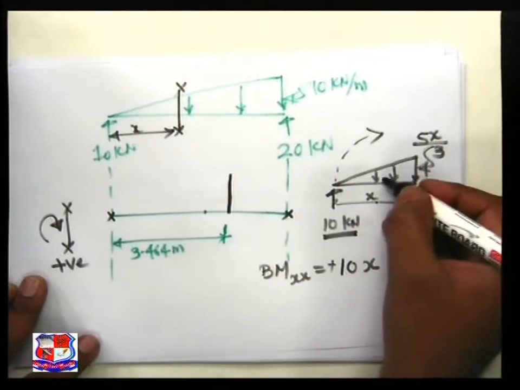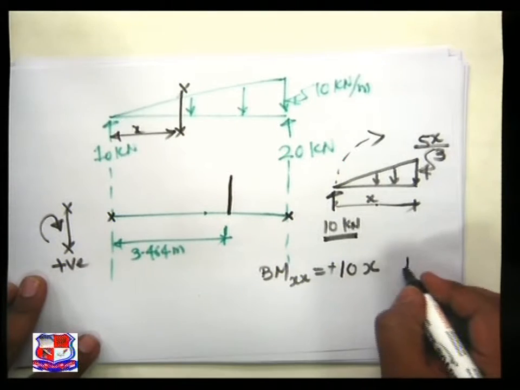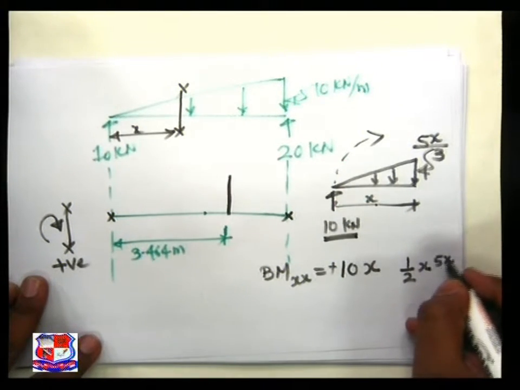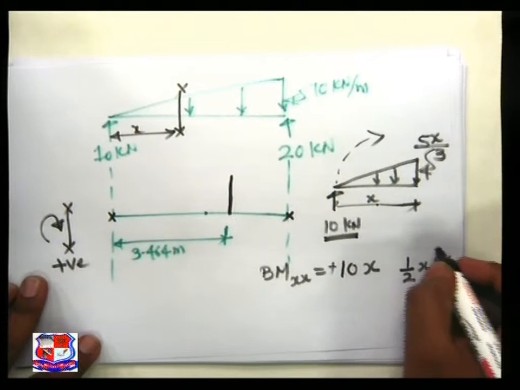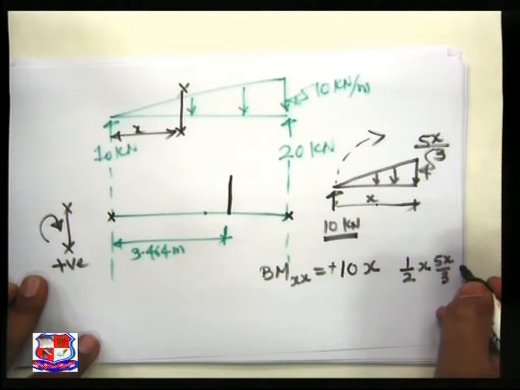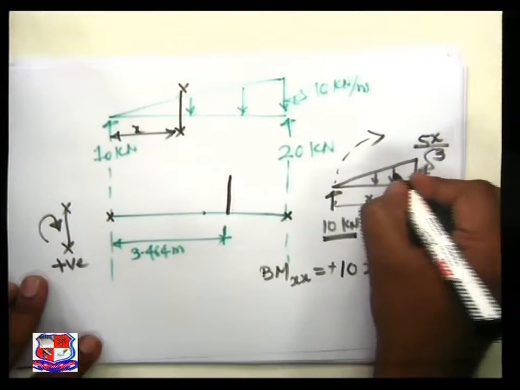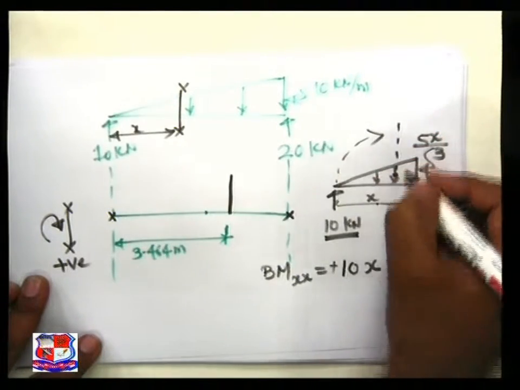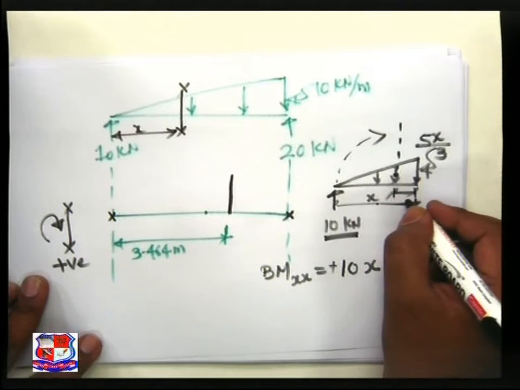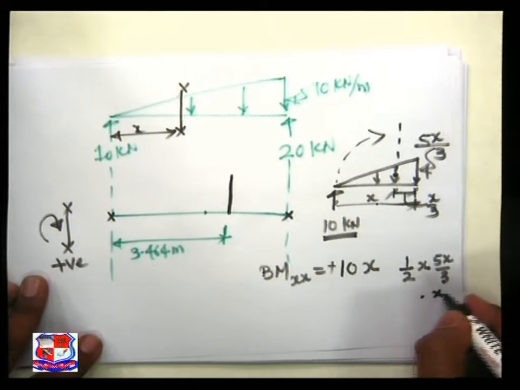Next load is of this UVL. So load is half into x into 5x by 3. This is the total load, that is the area of the triangle, which is acting at the CG over here, and I want this distance, and that is nothing but x by 3. So into once again x by 3.